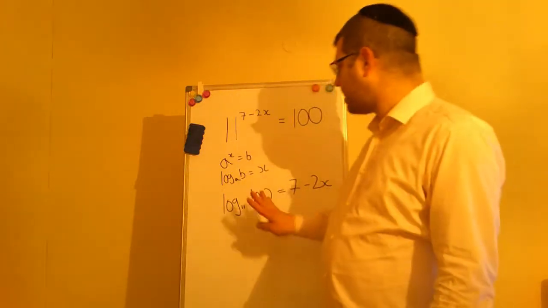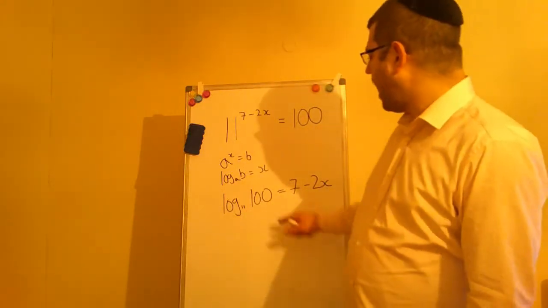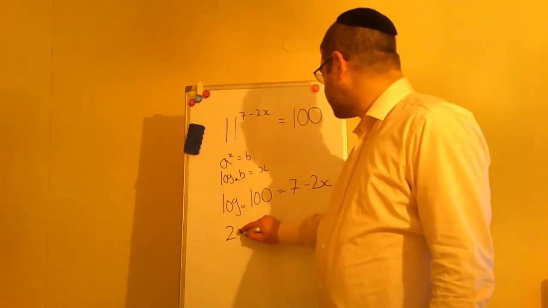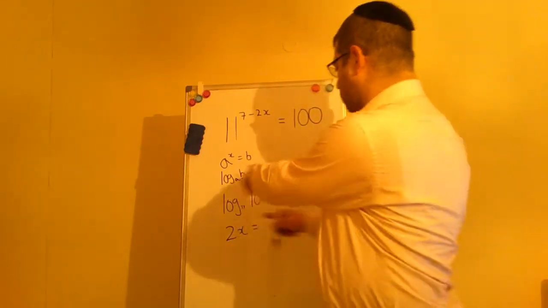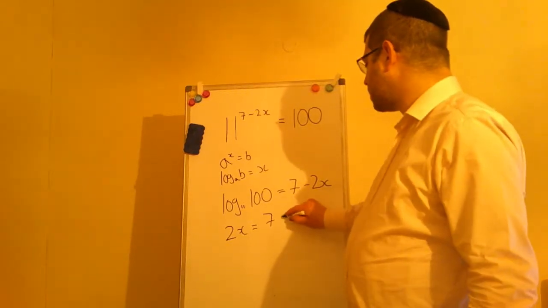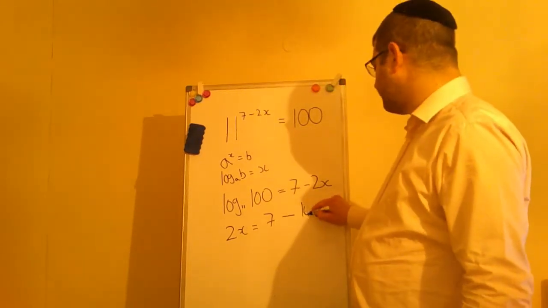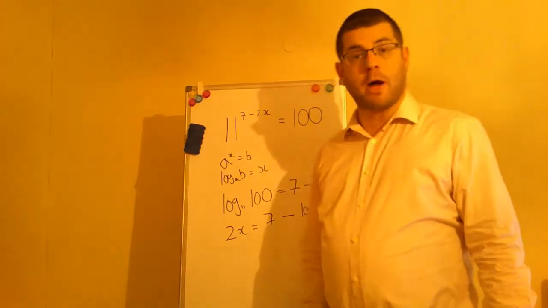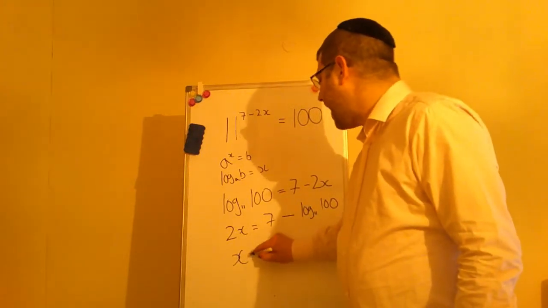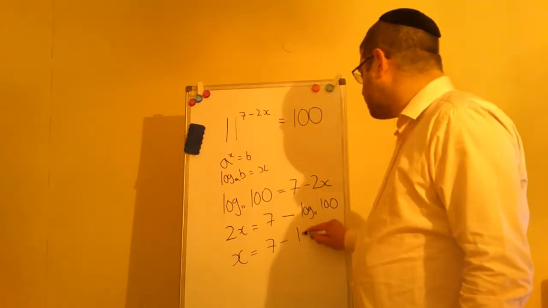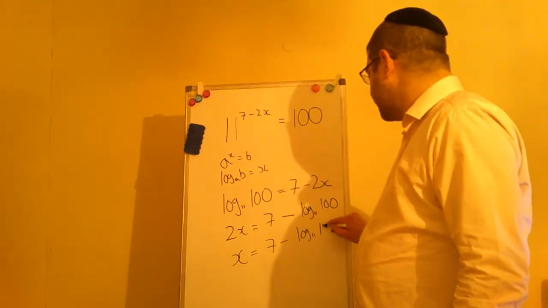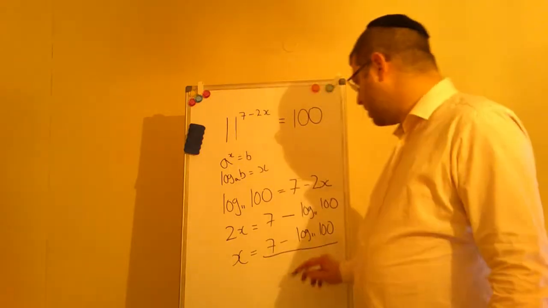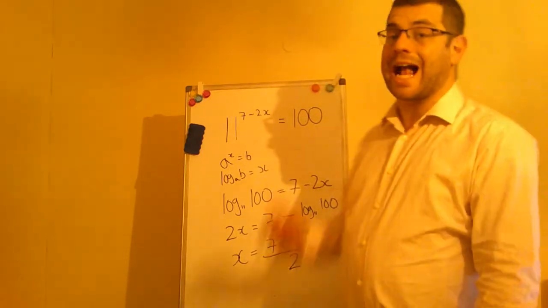So just leave it like that, leave it in exact form, and rearrange that to get x to be the subject. So 2x would swap with this, so that would become 7, subtract this value, not too worried what that is right now, and then divide by 2. So actually, an exact solution to this problem would be 7 subtract log base 11 of 100, divided by 2. That's an exact solution.